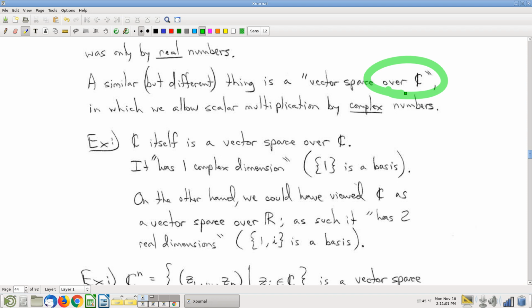So dimension, for example. This choice to allow complex scalars gives us a new, vaguely familiar, but still very weirdly different notion of dimension.